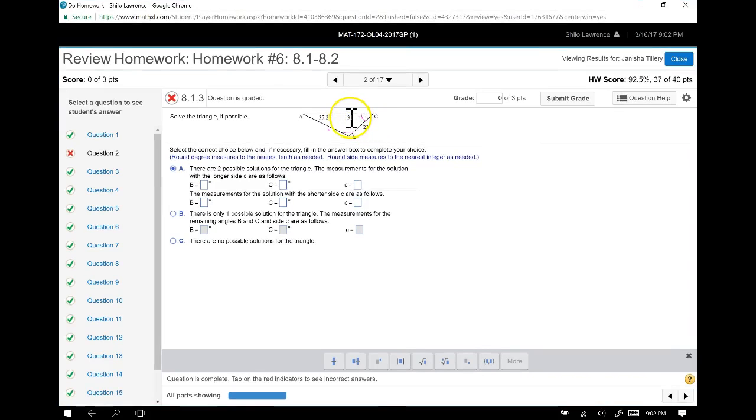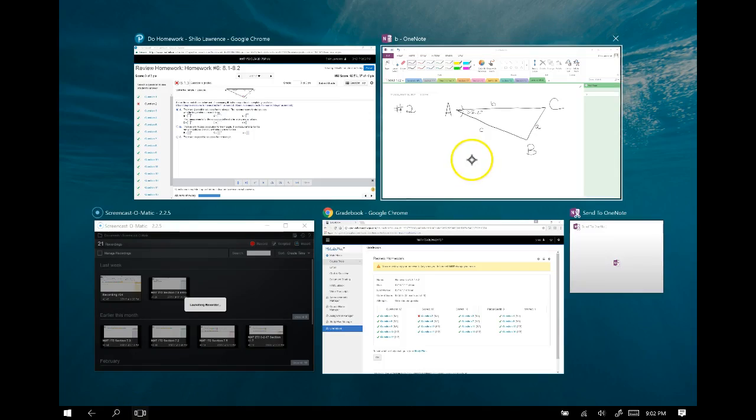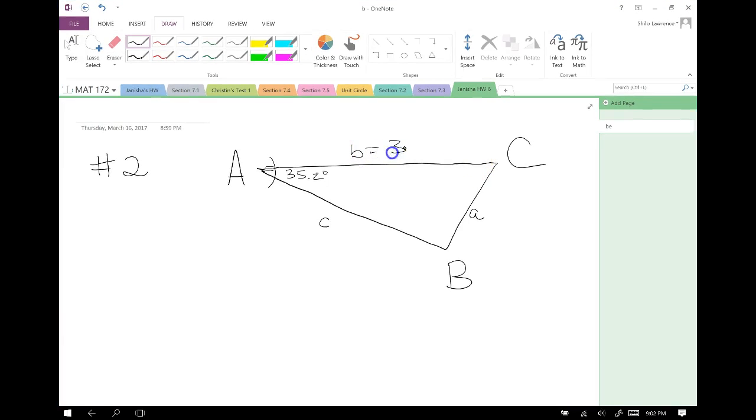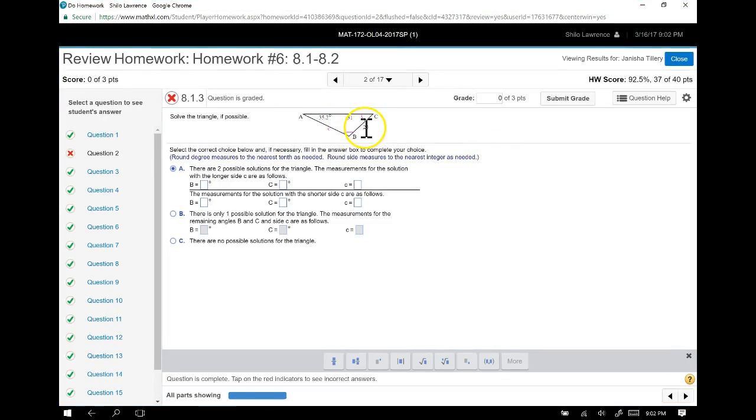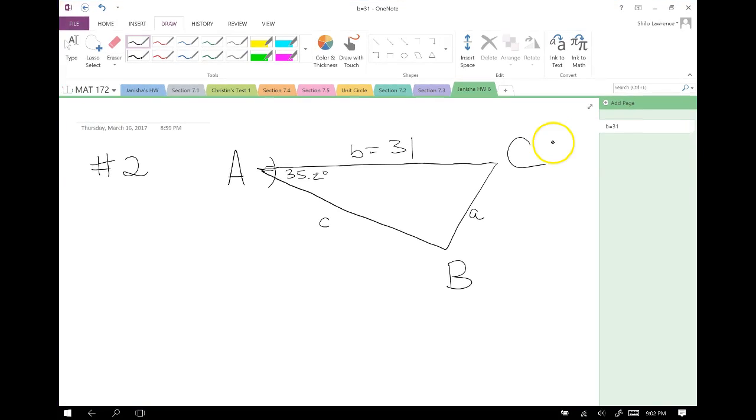And then it looks like side B is 31. And side A is 23. And we want to solve the triangle.